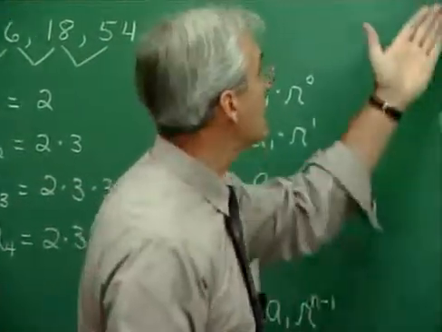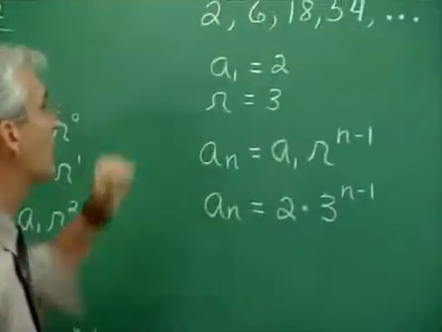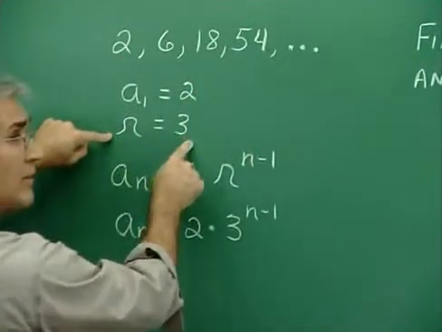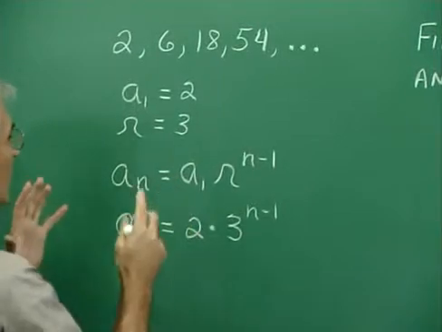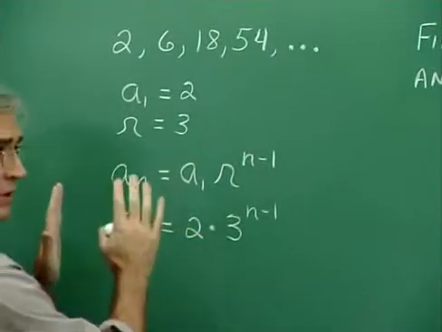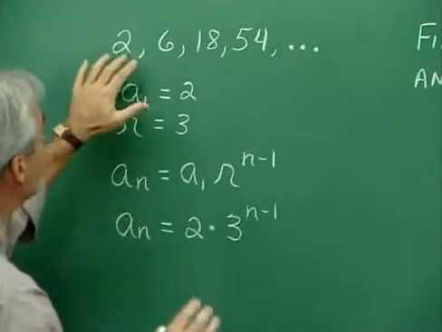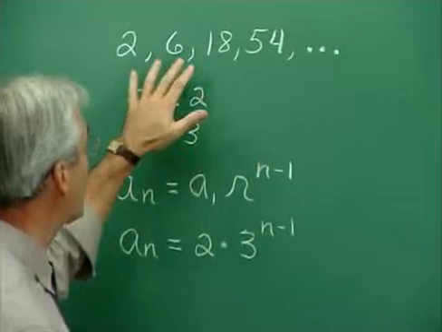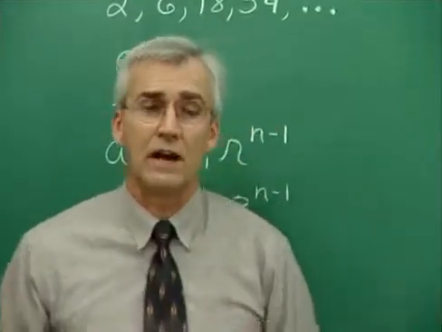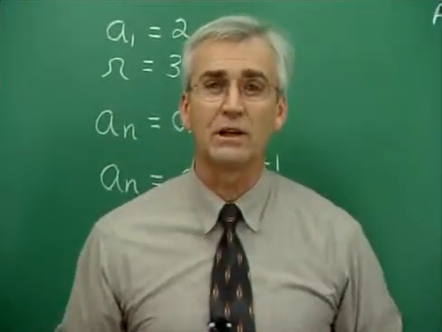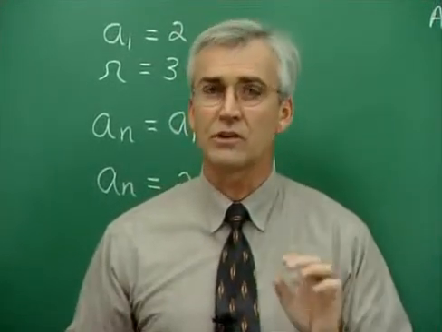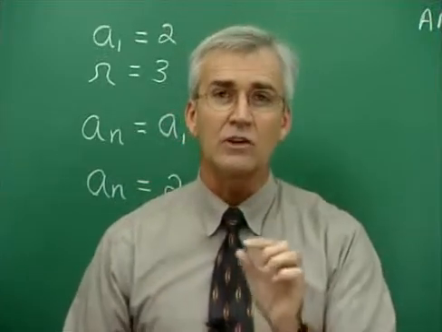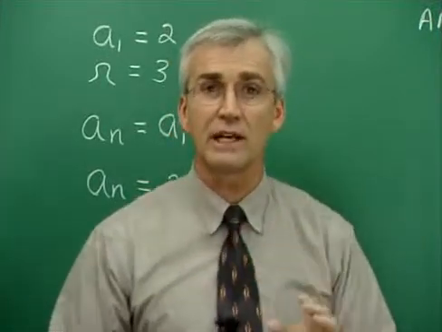Well, using this idea, we can generate an expression for the nth term, and we do that like this. Here's the geometric sequence we started with. We know that the first term is 2 and the common ratio is 3. And by the way, if you ever get confused about the value of the common ratio, and sometimes there is confusion because the terms are not as easily read, they might be fractions, for example, and there might be a sign change between them, well, under those circumstances, just realize that this common ratio can be found by just taking the ratio of succeeding terms like this.